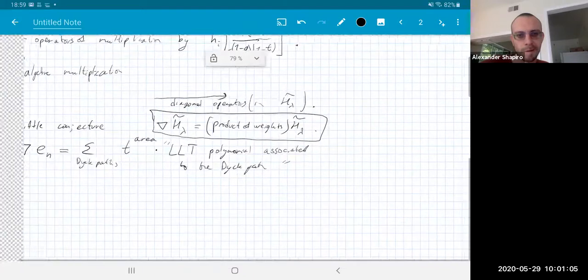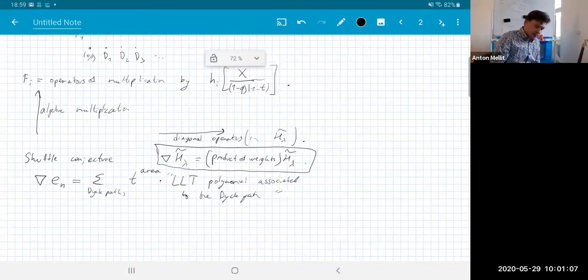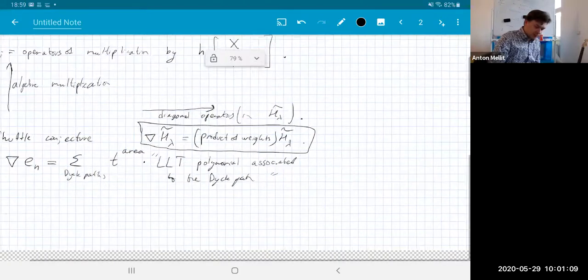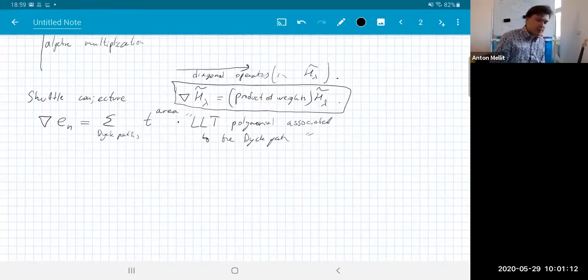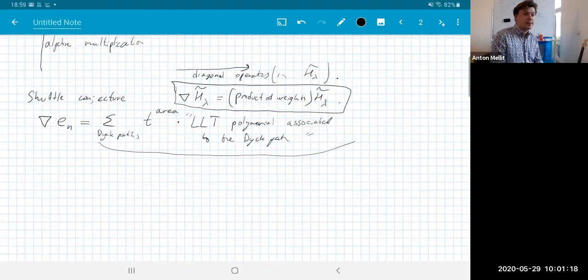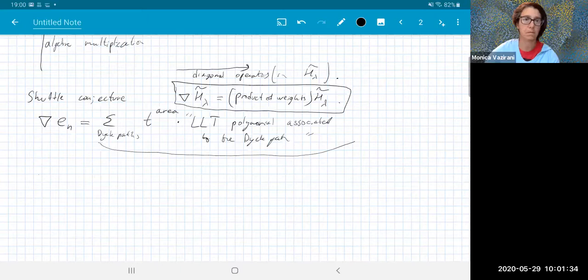Okay, and so now I will talk about. So you see that there is something combinatorial on the right hand side, which is enumeration over Dyck paths, and then you do some combinatorics with the Dyck paths, and there is nabla, whatever it is, some evaluation of something in the elliptic Hall algebra on the left hand side.